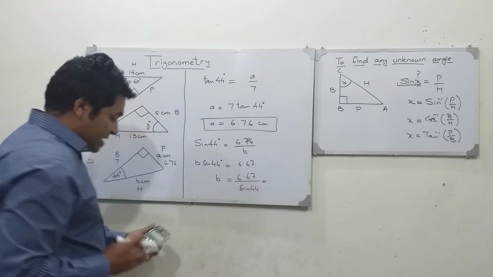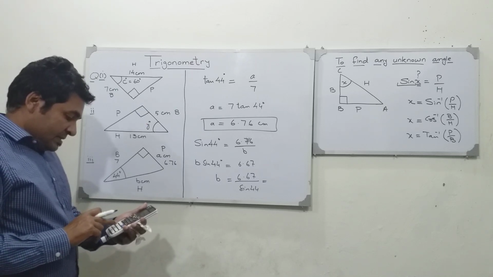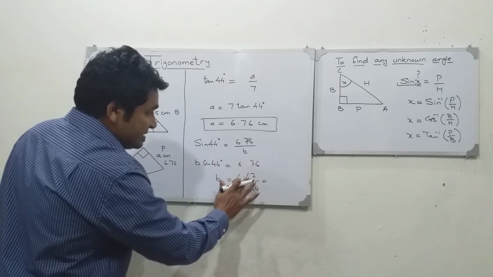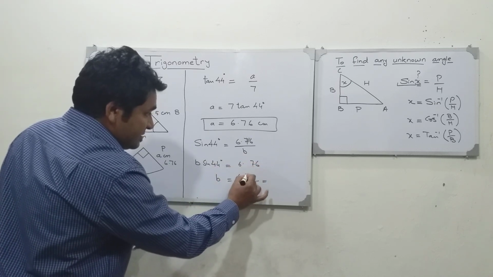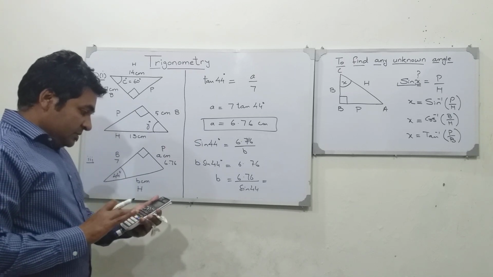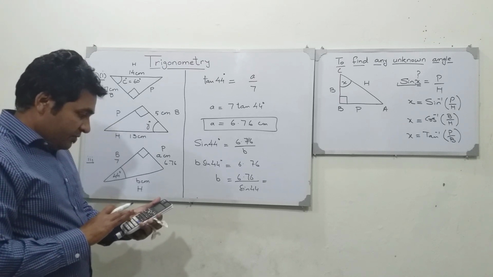And now find its value by dividing 6.76 by sine 44.